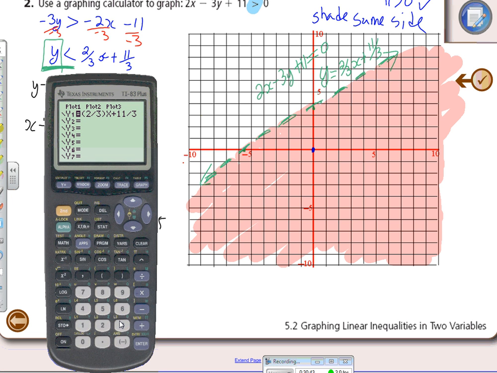So the way that you do the shading is I know I'm shading below. So you're going to go in front of the y equals, hit enter, gives you a thick line, hit enter again, shades above the line, hit enter, shades below the line. So I know I want to shade below the line, so now I graph that. And it's going to graph the line with a shading. It doesn't do the dotted. You have to do the dotting yourself.